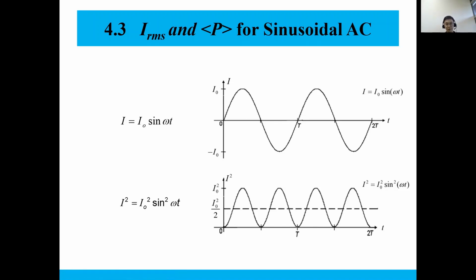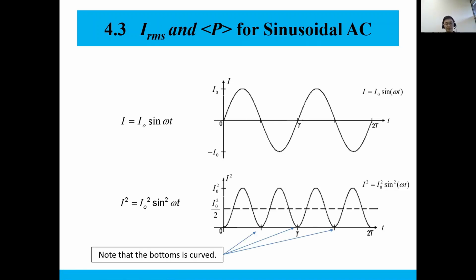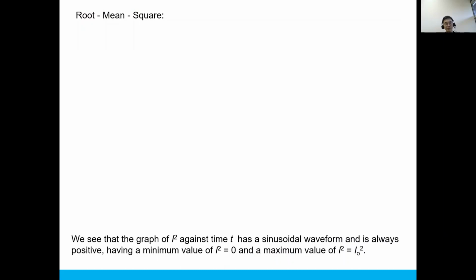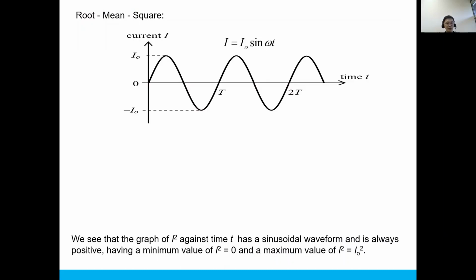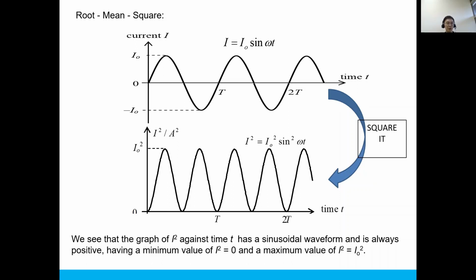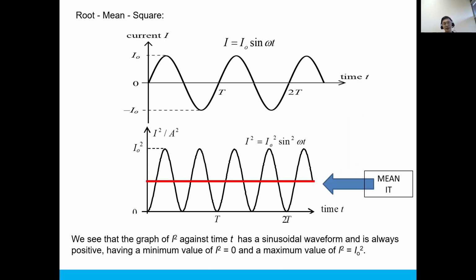Right, moving on. So let's try to find out what the root mean square current of the sinusoidal current looks like. So first, you square it, you get this. Next, you have to take the mean.